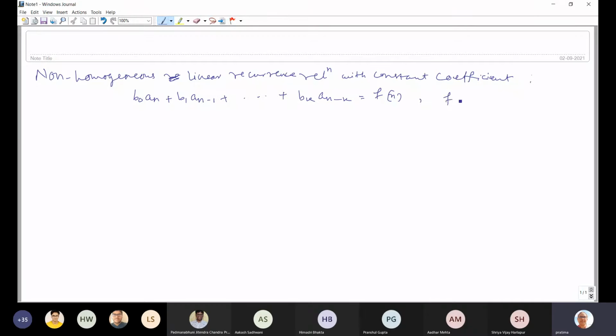It is non-homogeneous, meaning f(n) is not the zero function. That is why it is non-homogeneous.